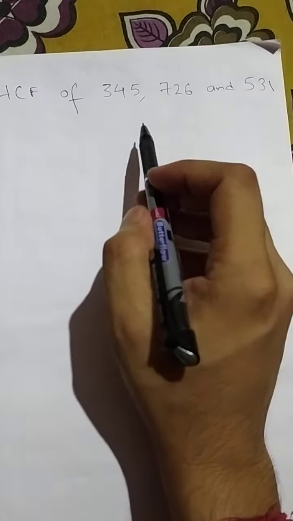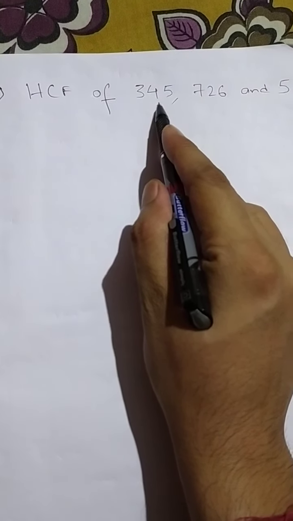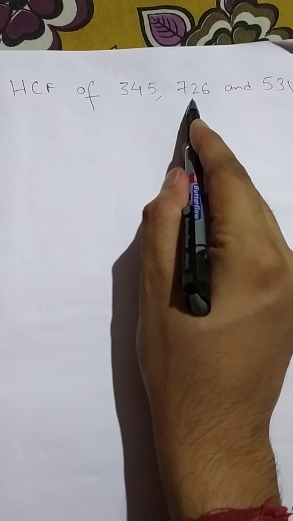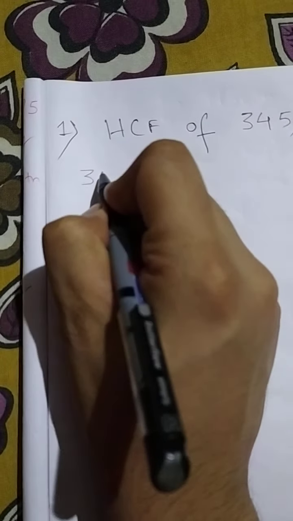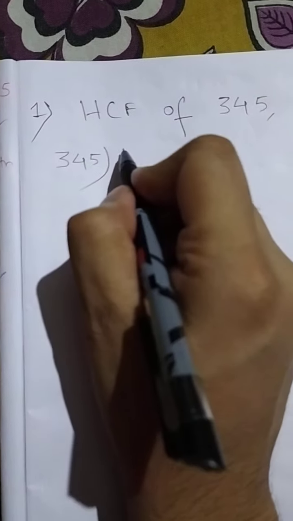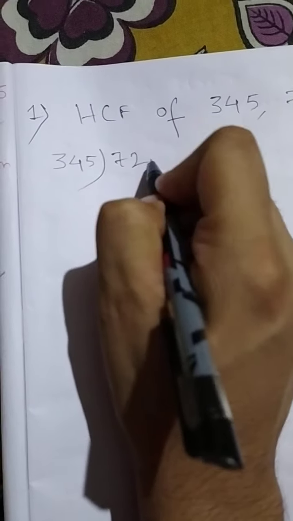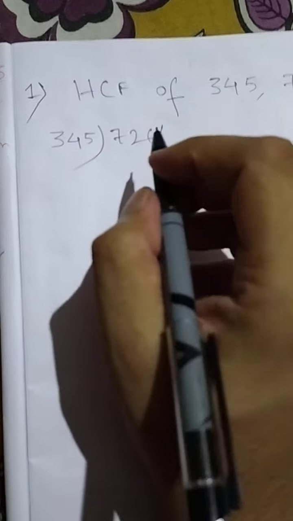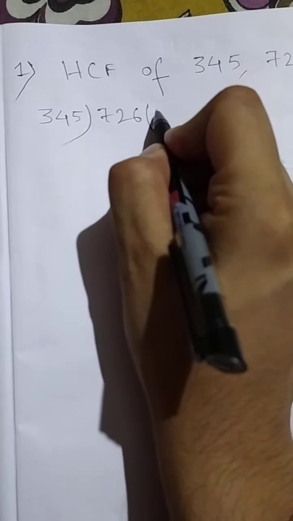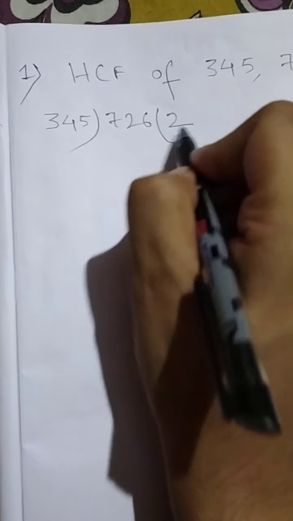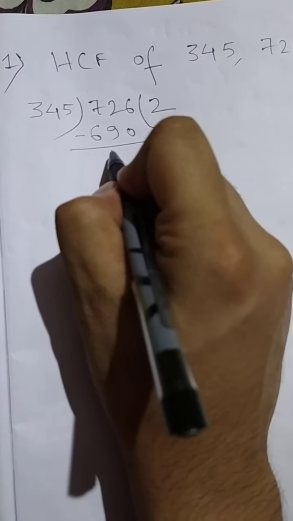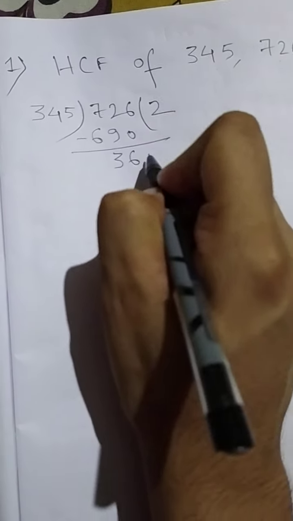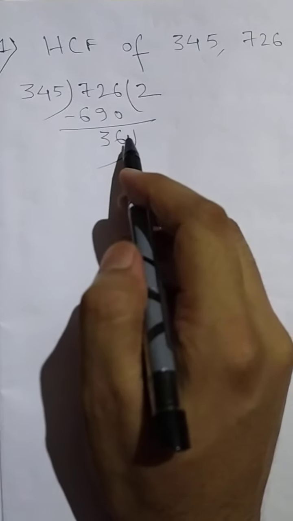So first what we will do, first we'll find out the HCF of 345 and 726. Okay, so let's start. So 345 and 726. So how to do this? Just see this video. First 2 times 345 is 690. If you subtract, it is coming 36. Okay. Now what you will do?